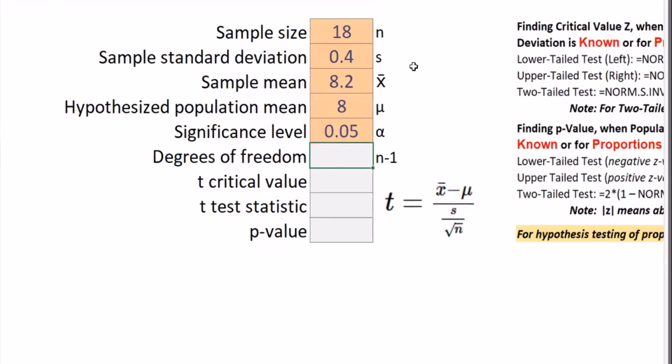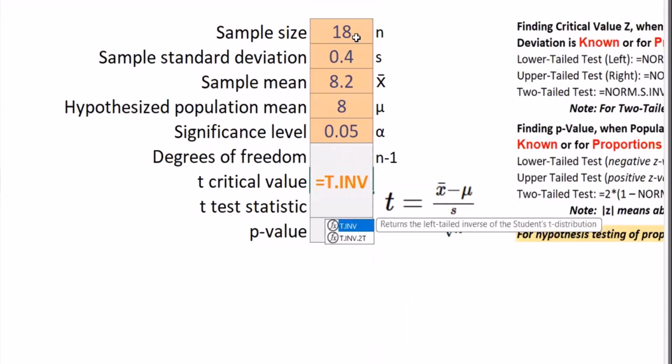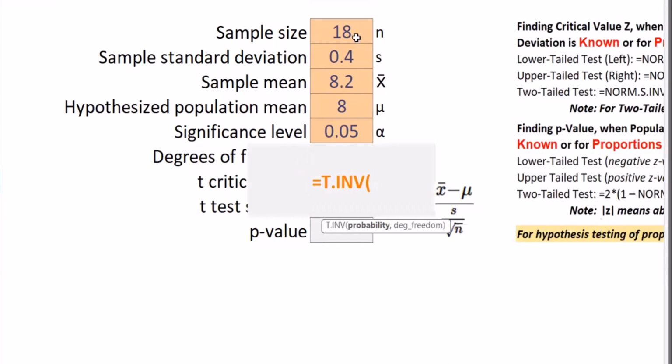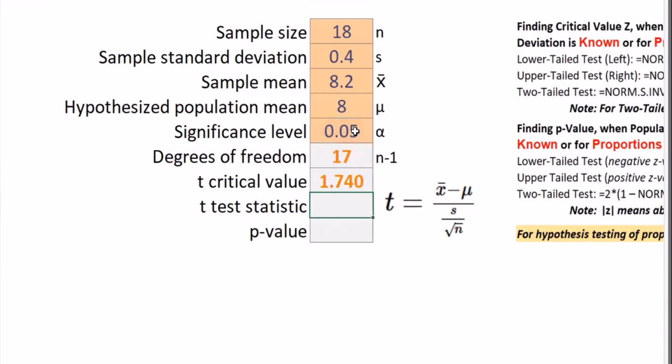Let's calculate our degrees of freedom as 18 minus 1. Our t critical value is going to be t.inv 1 minus 0.05 for our upper tail, and then our degrees of freedom, and we get 1.740.